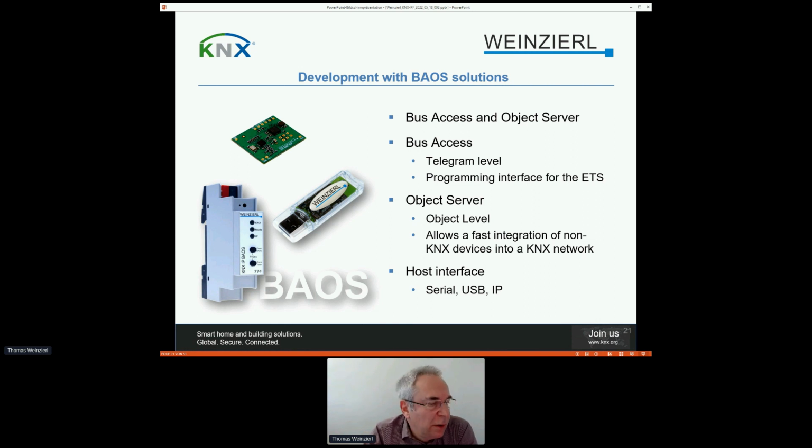What you can see here now in the pictures, we have the classical module which supports a serial communication with the host. We have USB devices which support also the BIOS protocol and also our well-known KNX IP BIOS devices which are doing the same on IP level.